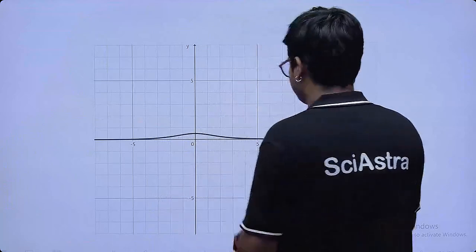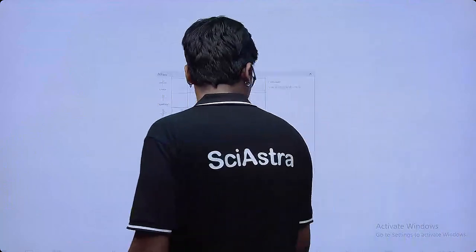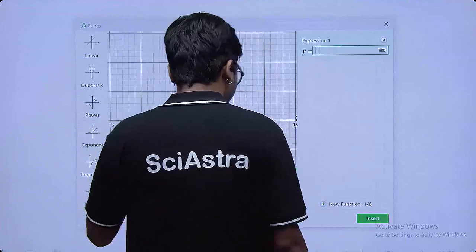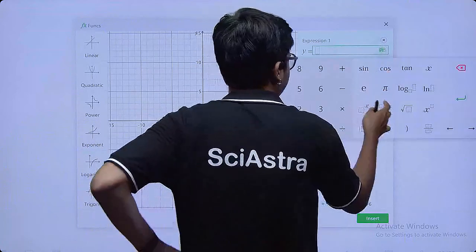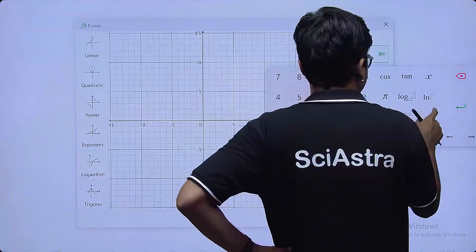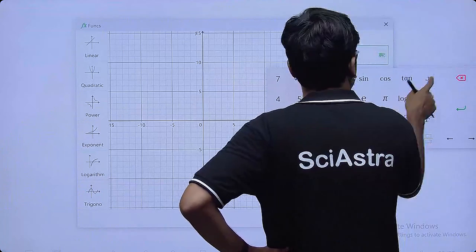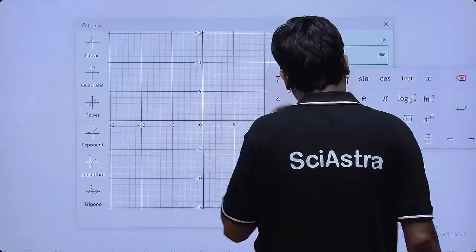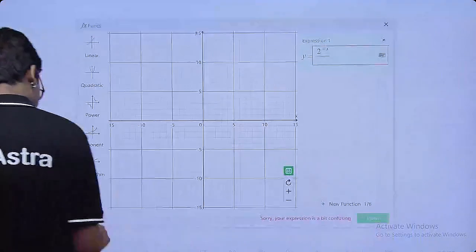But if I draw for another one, let's go with a fraction, let's go with half, okay? So half is going to be just minus of that, right? So I go with half, so it becomes 2 to the power minus x, right? Divided by... wait, what will I get?